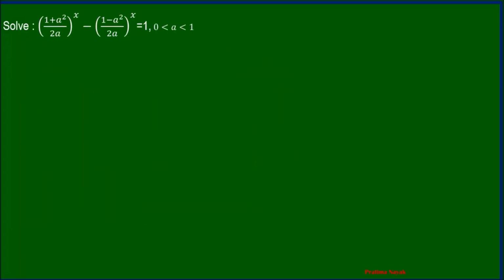So the question is, solve ((1 plus a square) over 2a) whole power x minus ((1 minus a square) over 2a) whole power x is equal to 1. So your trick is only to divide each term with the first term, that means (1 plus a square) by 2a whole power x.